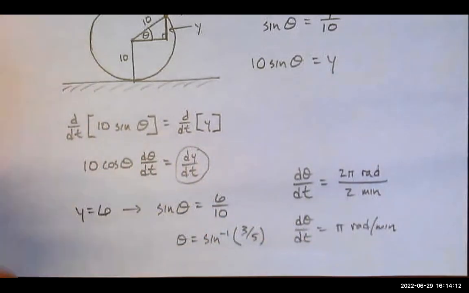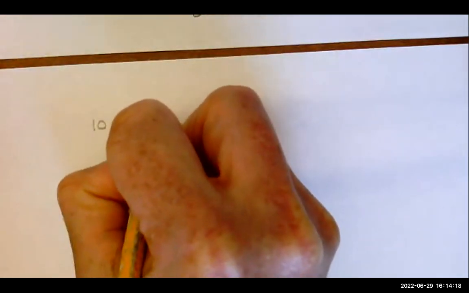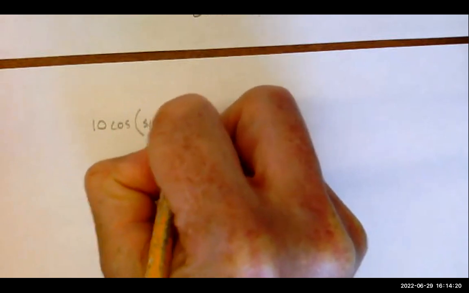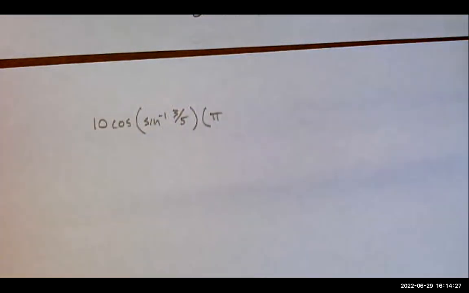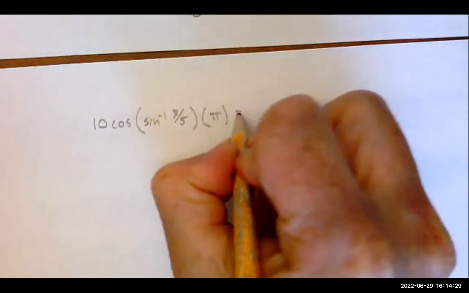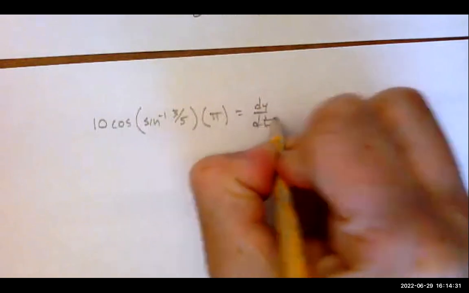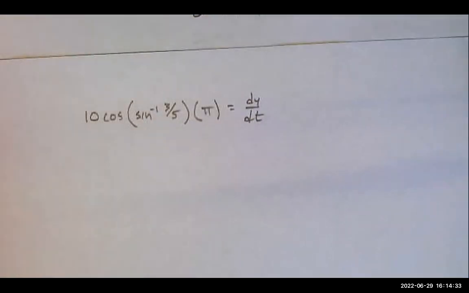We can plug these in and we're going to have it. 10 cosine inverse sine 3/5 times pi equals dy over dt. Grab our calculator.